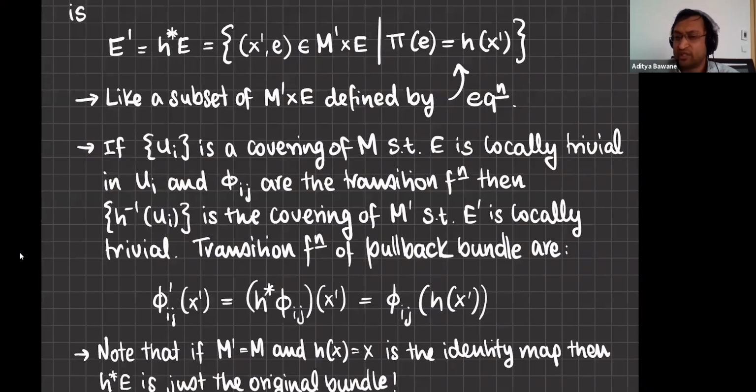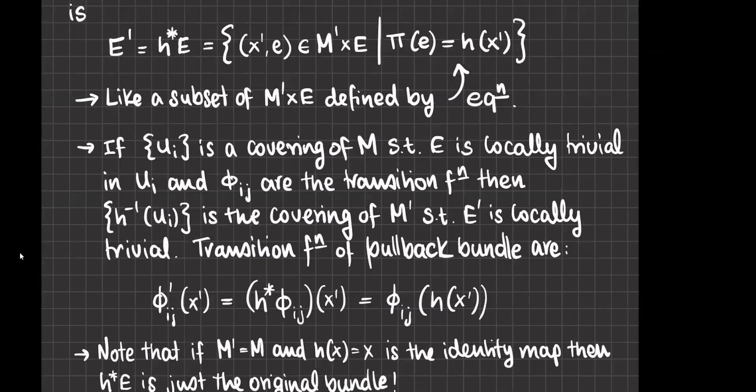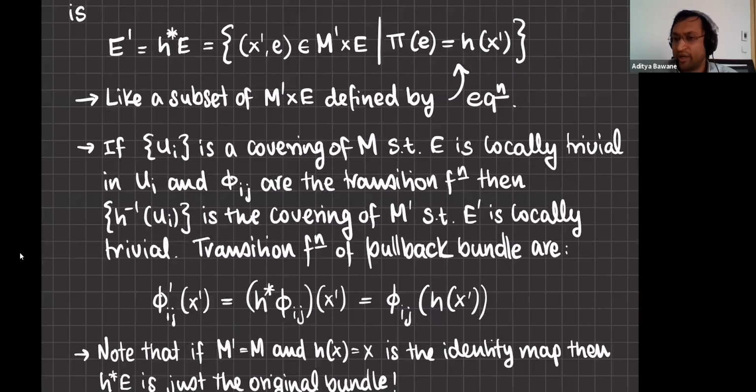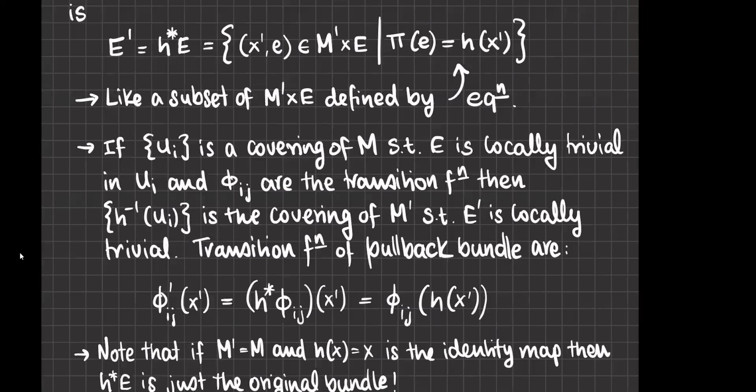When you say E2 is of the form M times F, why is it globally? Why is that important? You could have just said it's a map from M to M. That's what I'm asking, because E1 locally looks like E2, not globally.